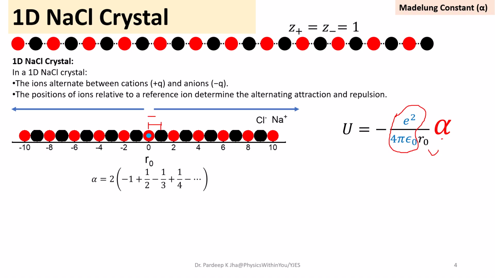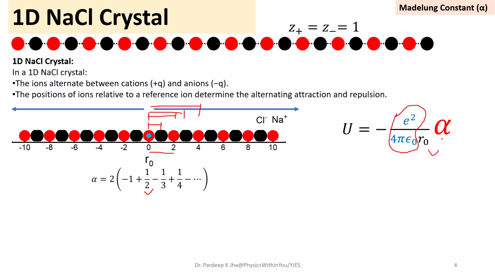Now we are moving from here to here. Now the distance is what? 2 R naught. So here R naught has become 2 R naught, and here it is 2 now, leaving R naught aside. Then you have the next, 3, and in a similar way 4.